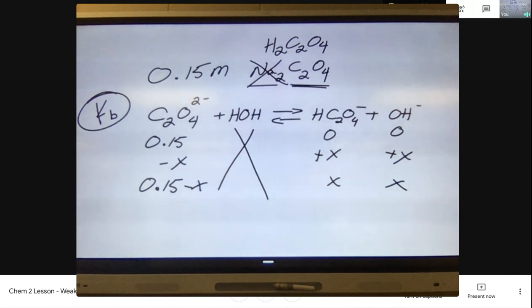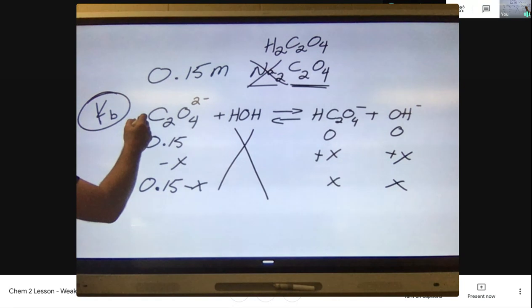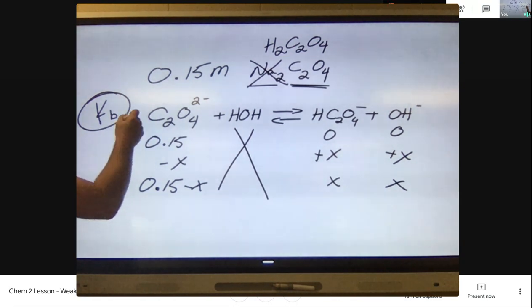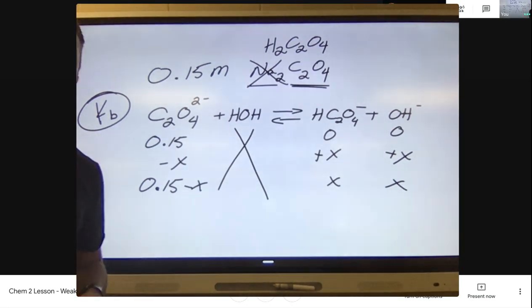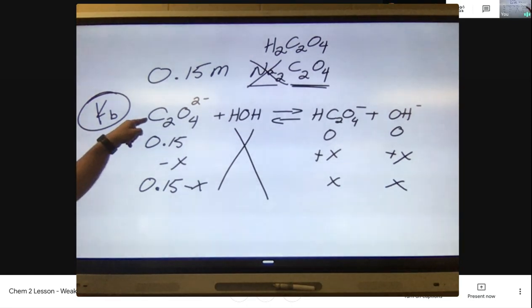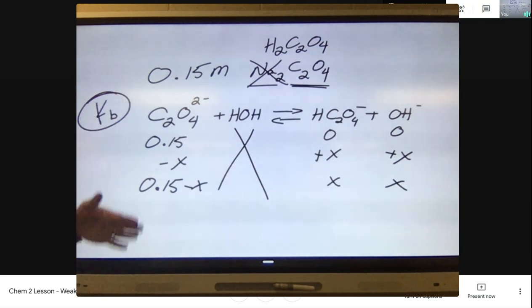Here's the cheat code. If you see no H's on your base, then you're going to use the last Ka that's listed. I'm going to say that again. If you see no H's on your base, then you are going to use the last Ka that's listed.